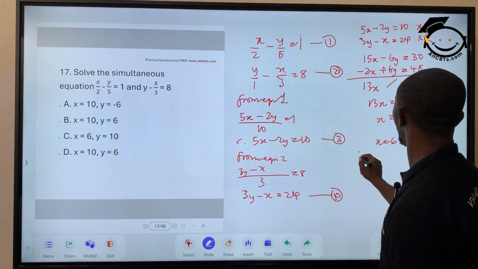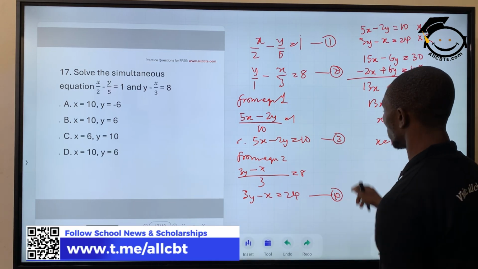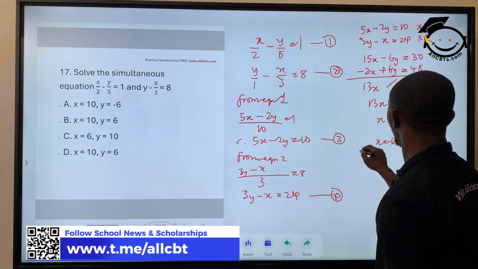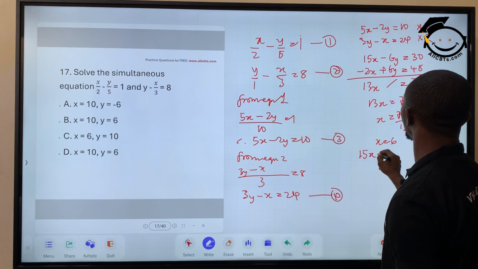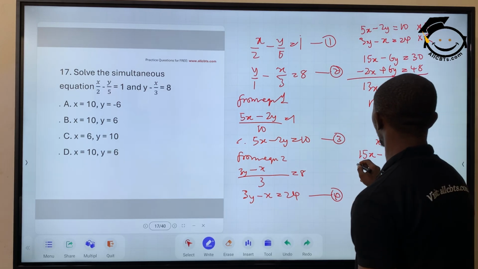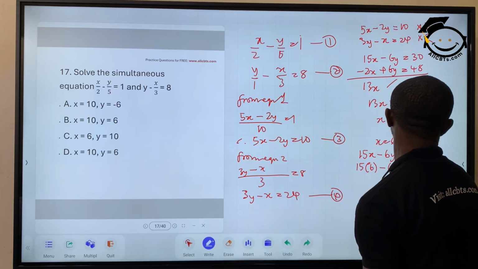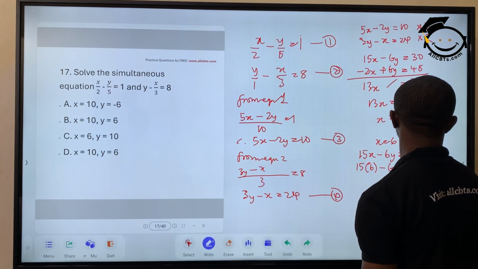Now, if x is 6, our y will be found by substituting into any of these equations. We have 15x minus 6y equals 30. Okay, where x is 6, this is 15 bracket 6 minus 6y equals 30.